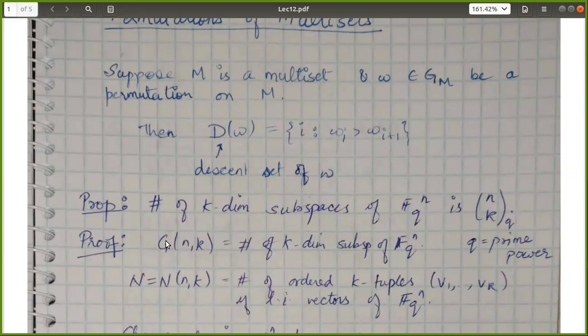This is the number which you want to compute. And N(n,k) is the number of ordered k-tuples v1, v2, up to vk of linearly independent vectors from this field.